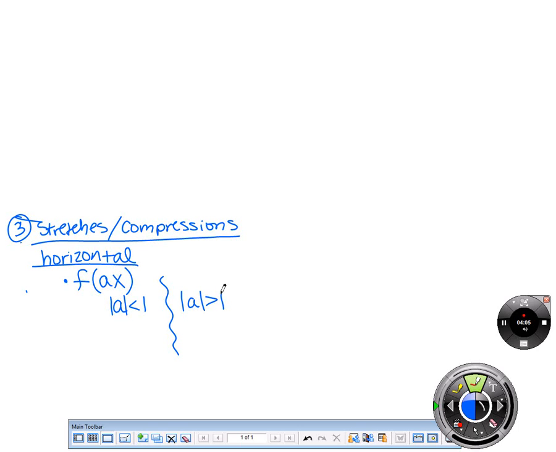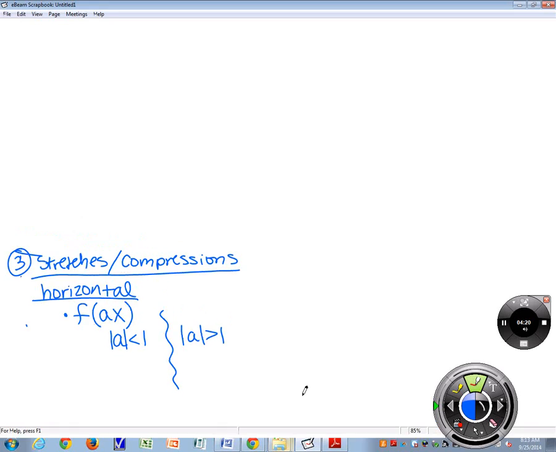Now, think horizontally. Okay? So horizontally, if you have your graph, stretching it horizontally goes this way, okay? Compressing it horizontally goes this way. So I have something that can kind of show you that. Take a minute to do that.